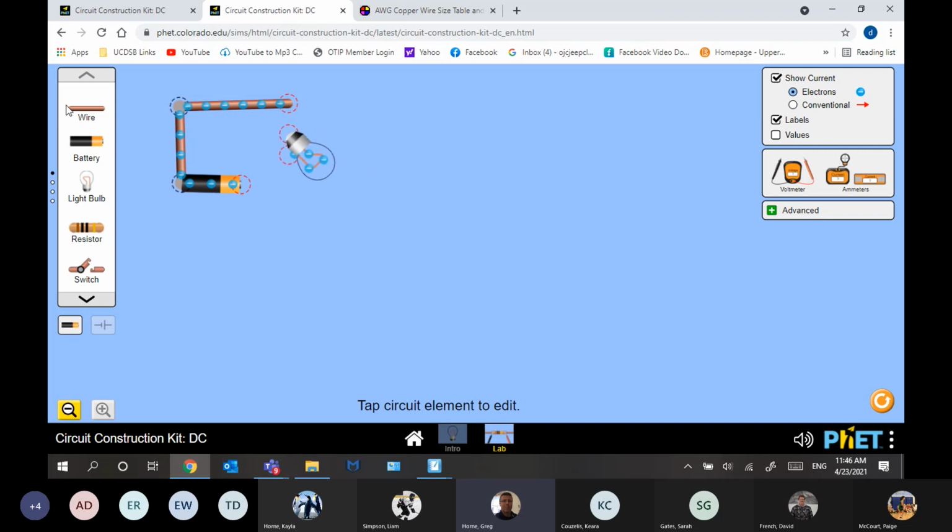If you notice now, you can rotate the bulb to make it a little easier to connect to each side. So there's my single bulb. It'd be nice if you could copy and paste in this program.